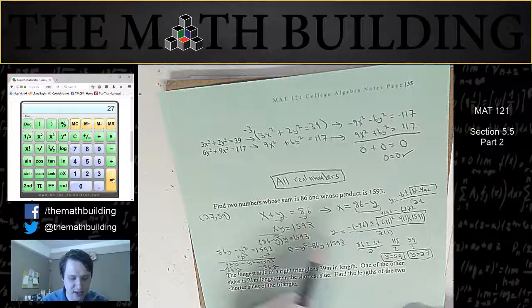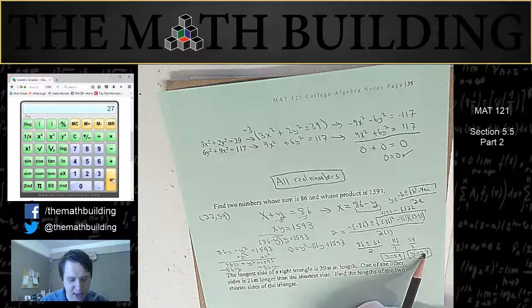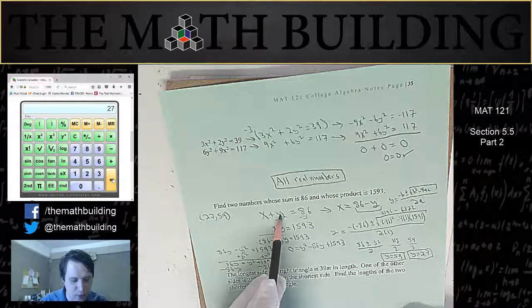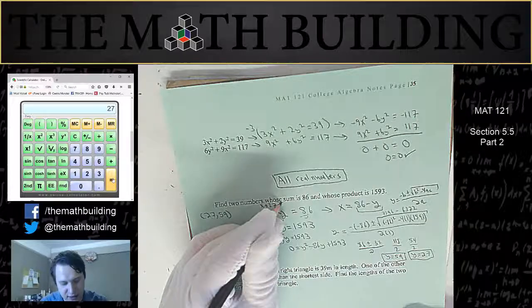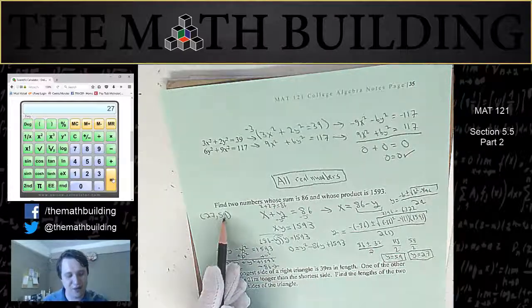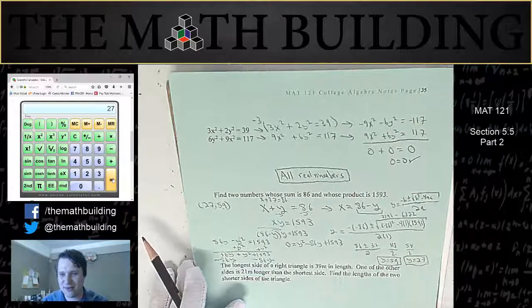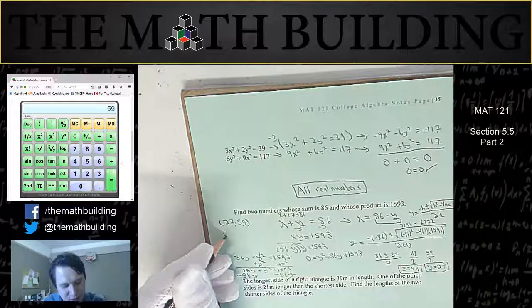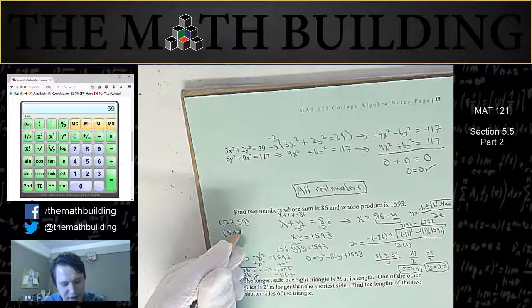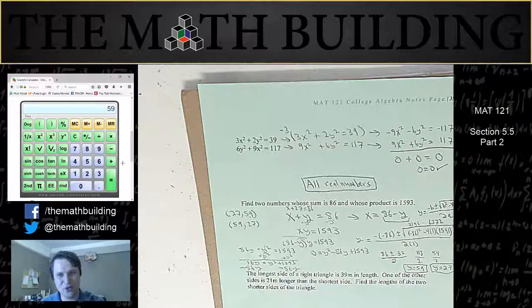Now what happens if I plug in a 27 for y? Well, I'm going to get x plus 27 equals 86. And I have a feeling what we're going to get if we subtract. So 86 minus 27 is 59. So what that tells you is the two solutions are (27, 59) and (59, 27).